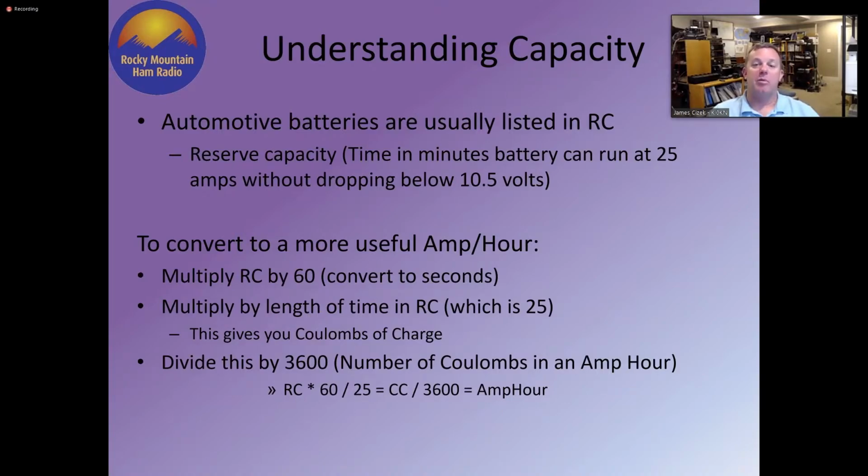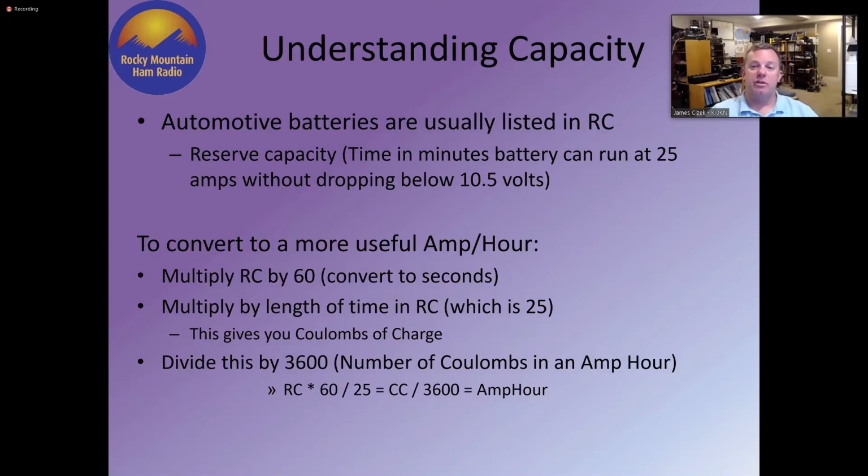Reserve capacity is the time in minutes the battery can run delivering 25 amps without dropping below 10.5 volts. That's an industry standard capacity, and it's used. Honestly, I don't know why they use that capacity in a starting battery. It's certainly more understandable in a deep cycle battery.